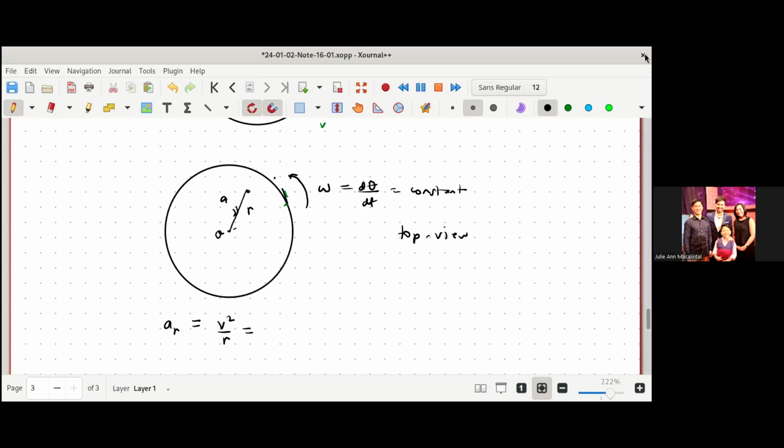But here, yung v is actually just r times the angular speed. So this becomes r squared omega squared over r, or r omega squared.